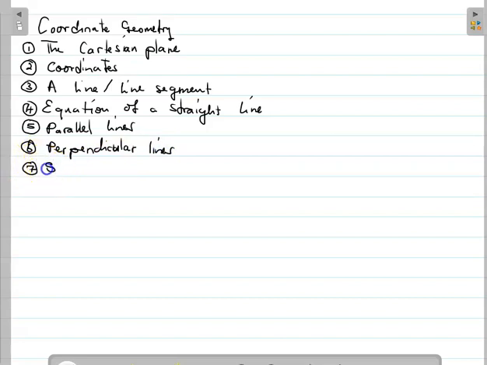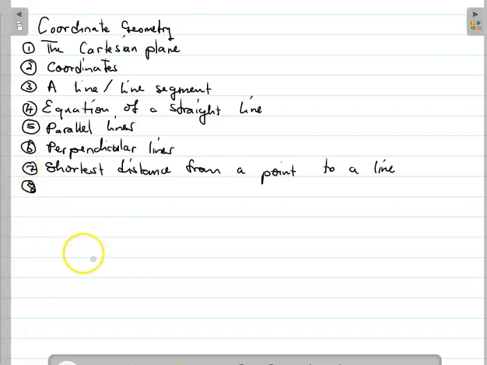And then from there, we are going to talk about the shortest distance from a point to a line. And then from there, that is all as far as the straight line, the coordinate geometry, is concerned. So those are the 7 things we are going to learn about.